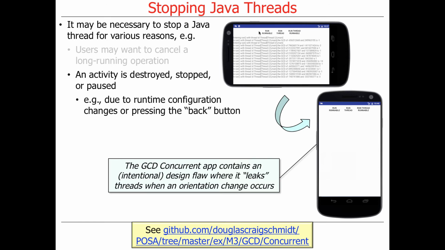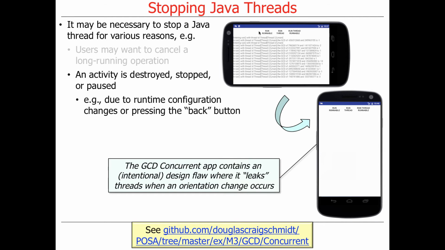Another reason, which is a more Android-centric reason, is that an activity is destroyed, stopped, or paused because the user does a runtime configuration change or presses the back button. In that case, depending on your program design, you may want to stop the existing computation because it's about to disappear, and therefore there's no sense keeping it running around because its output will never be used for anything.